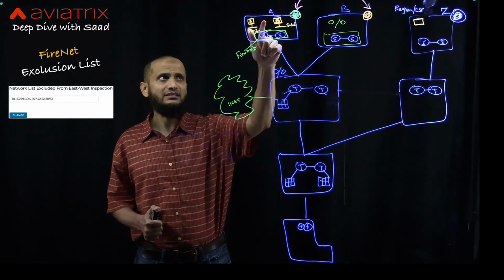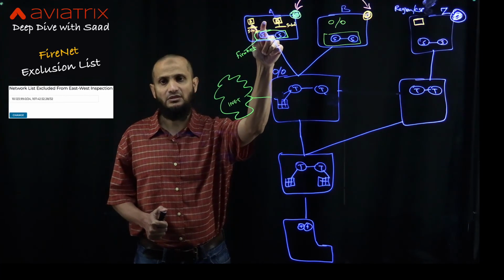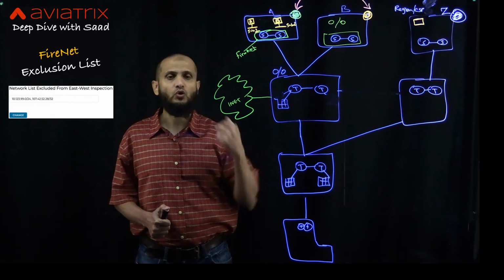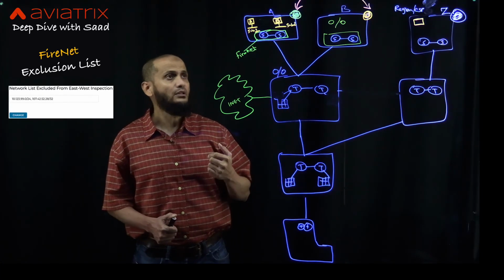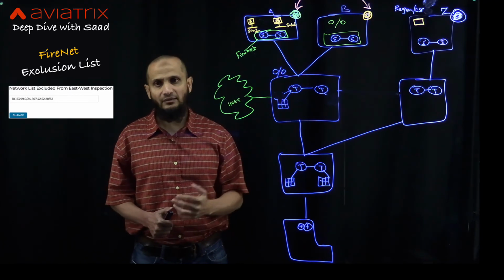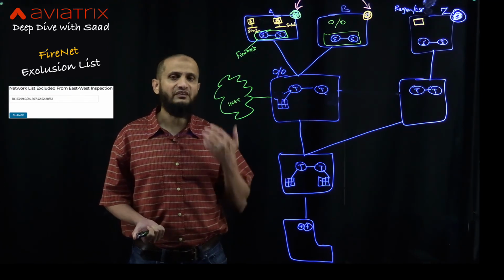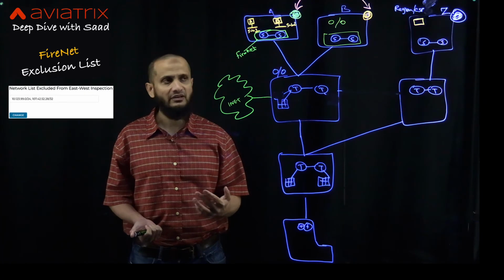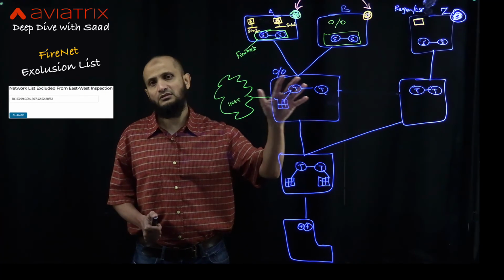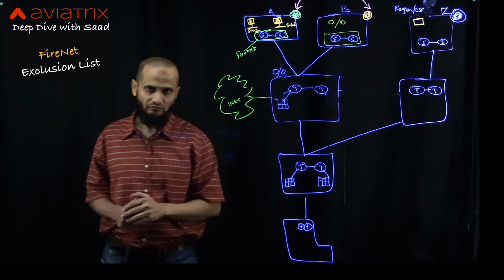So for example, in A, there are certain prefixes you don't want to be inspected. Then you just create a list of that. And a maximum of 50 comma separated prefixes are supported under this particular feature.